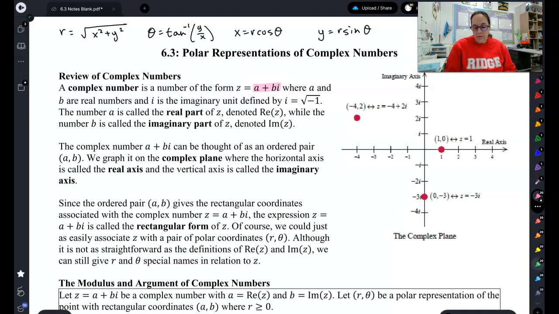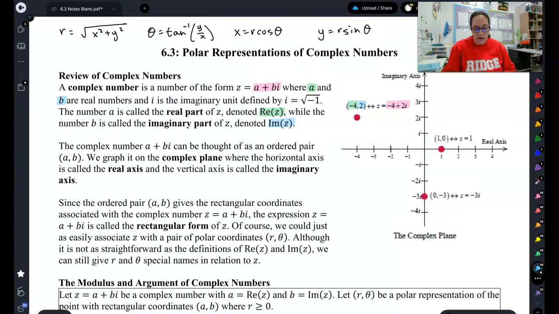So one thing we note, we call a the real part of z, and we call b the imaginary part of z. And then we graph it as a comma b. So if we have this point, negative 4 plus 2i, we graph it as negative 4 comma 2. Real part comma imaginary part.